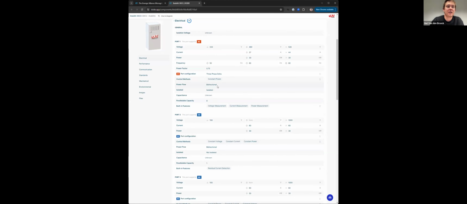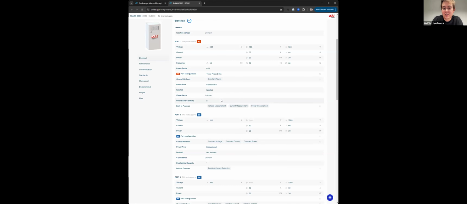Is this isolated, yes or no? Frequently, power supplies do not list that information in their data sheet. You somehow have to derive it, or there are some icons or symbols referring to it, but it's not clearly displayed at all times. Definitely not things like capacitance, which on the DC side are important to take into account.